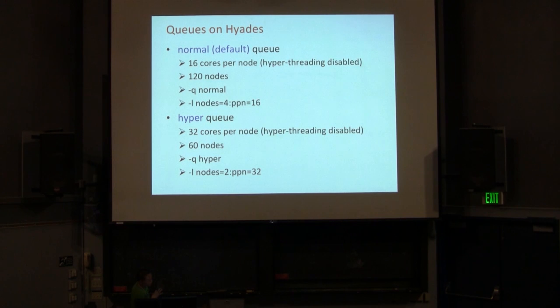As I mentioned, each Intel Xeon CPU core can do 2 threads if you have hyper-threading enabled. There's a big debate whether we should have hyper-threading enabled or not. I think on your laptop, hyper-threading is enabled by default.